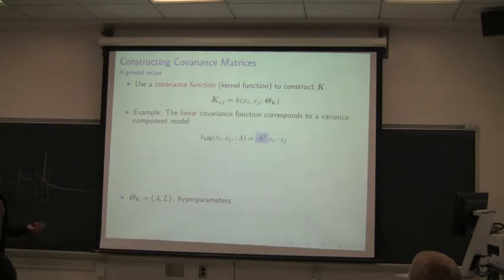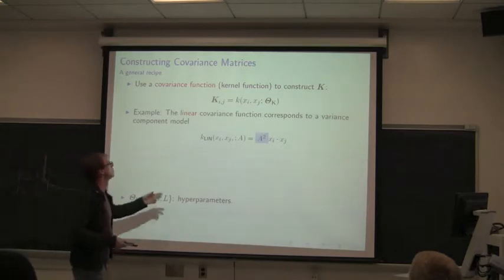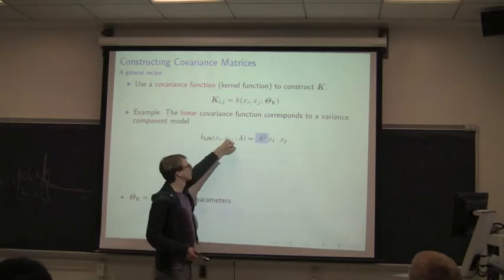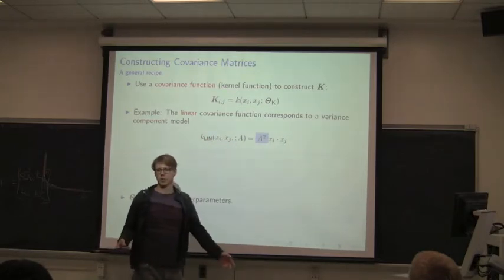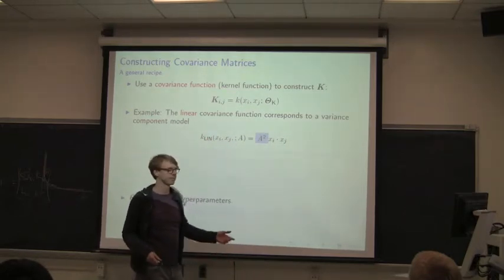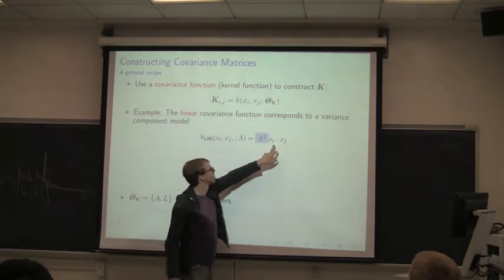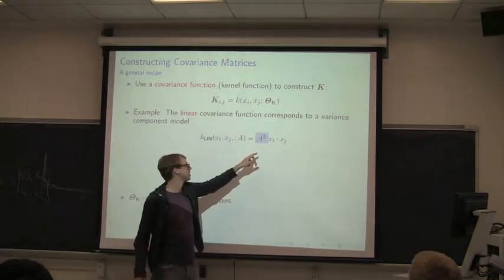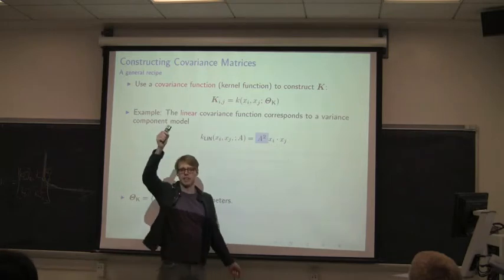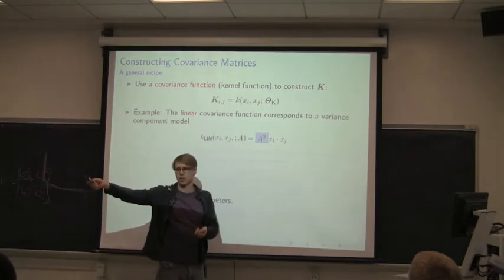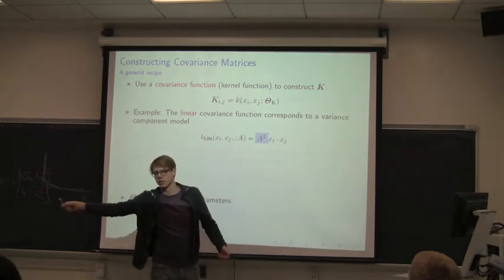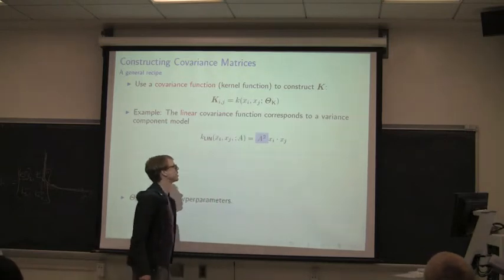The simplest example is a linear kernel, a linear covariance function, which is just what we used in the linear mixed model. It's just taking the vector xi, for example the vector of all the SNPs, multiplying it by all the SNPs of the other sample, and that gives us the covariance between those.